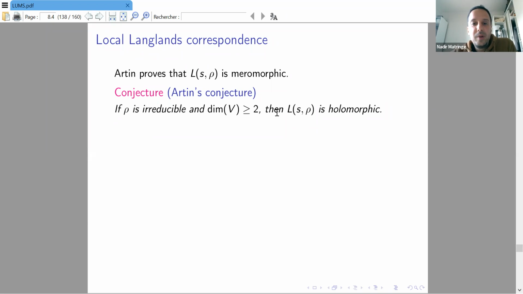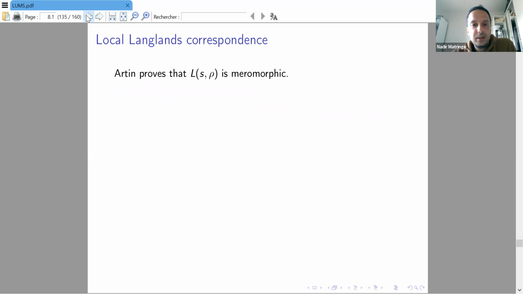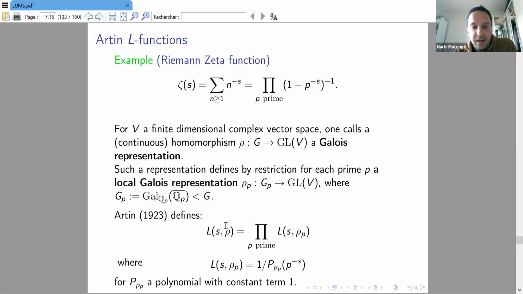Of course, if the dimension is 1, this is not true, because if I go back to the previous slide, if I take rho the trivial character of G, the trivial representation of G on C, I get the Riemann zeta function, which has poles.